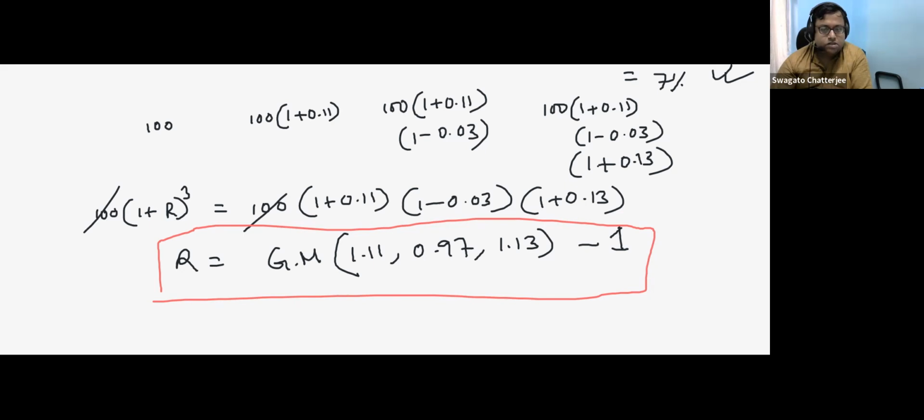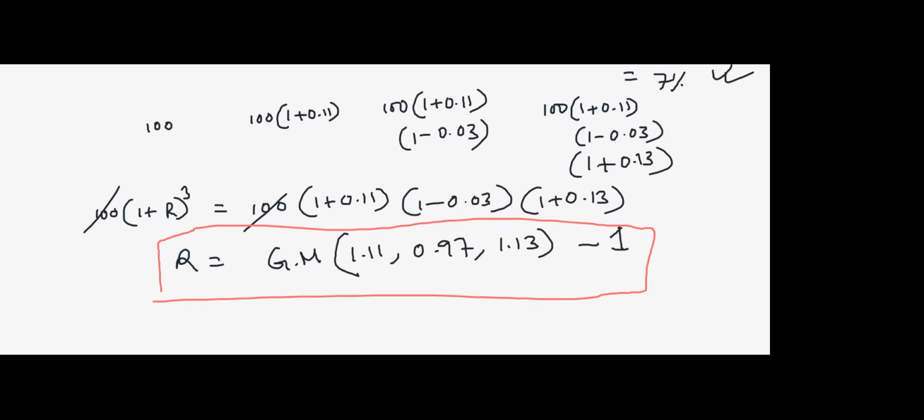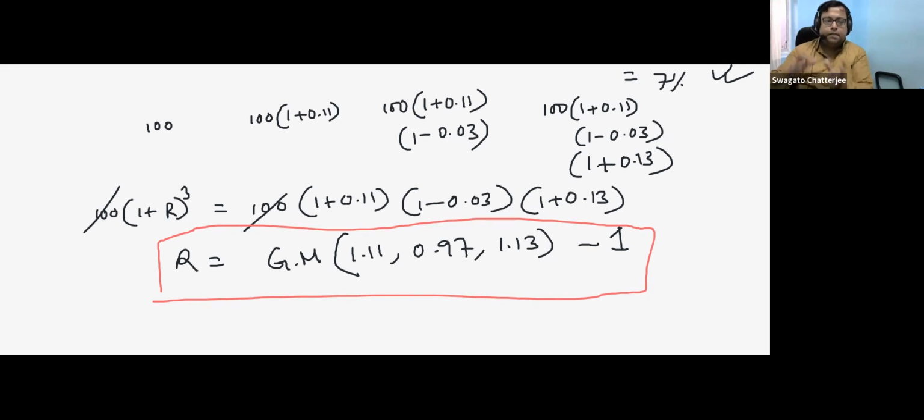Second year, you made a loss of 0.03, 3% loss. Sometimes a mutual fund faces a loss, right? Third year, again, 13% profit. So 1.11 is not the interest rate; 0.11 is the interest rate, that is 11%. 1.11 is your returns, principal plus interest.